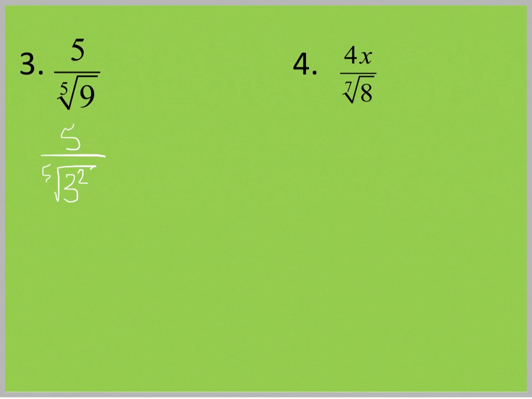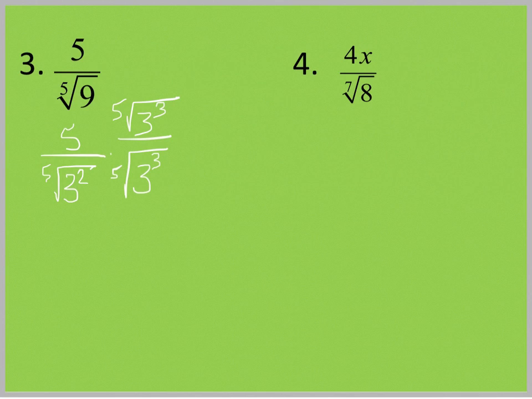Now remember, in order to rationalize the denominator, you want your index and exponent to equal one another, so that way the radical cancels out. In this case, I have 2 3s. So how many more 3s do I need to get 5? Well, I need 3 more 3s. So I'm going to multiply the top and bottom by the 5th root of 3 cubed.